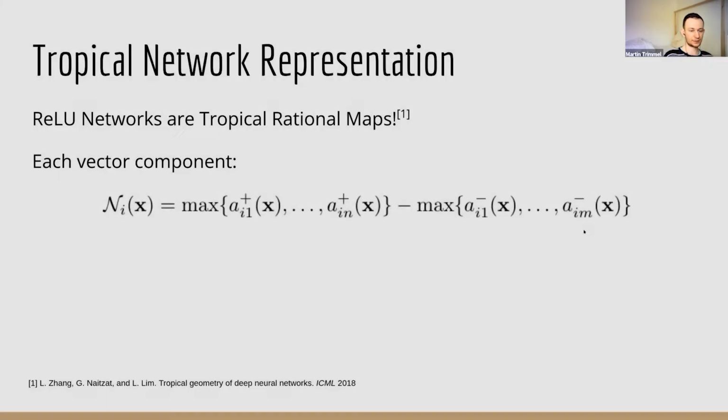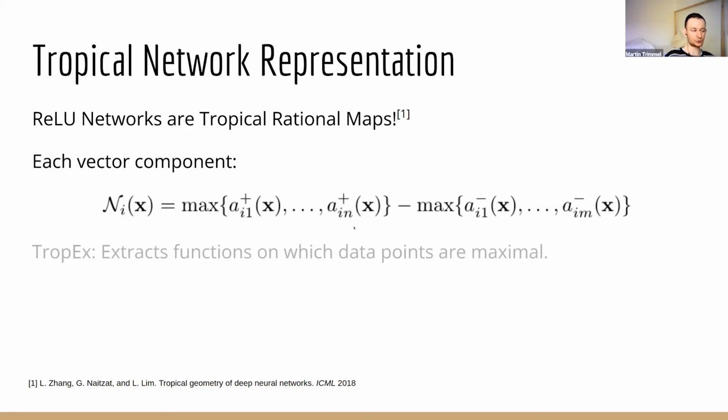Interestingly, tropical rational maps are the same as ReLU networks. It has been previously shown that every ReLU network is a tropical rational map, and conversely, every tropical rational map can be represented by a ReLU network. Using ordinary non-tropical notation, each output dimension is a difference of maxima of affine functions.